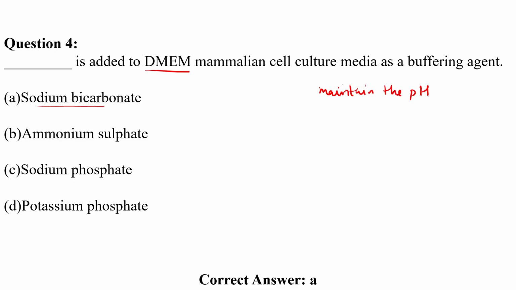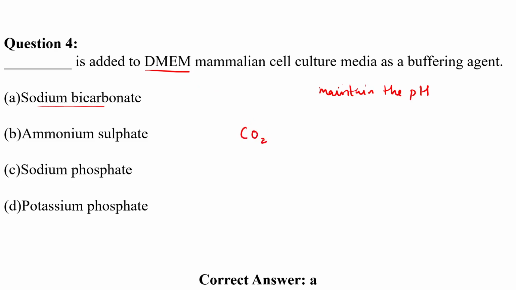And what does sodium bicarbonate do? When the cells are growing, the cells obviously respire, and they are living in the medium. We always culture mammalian cells in a CO2 incubator.